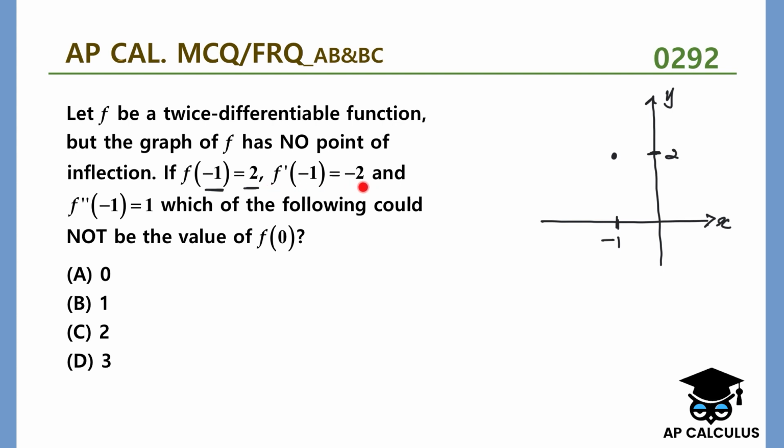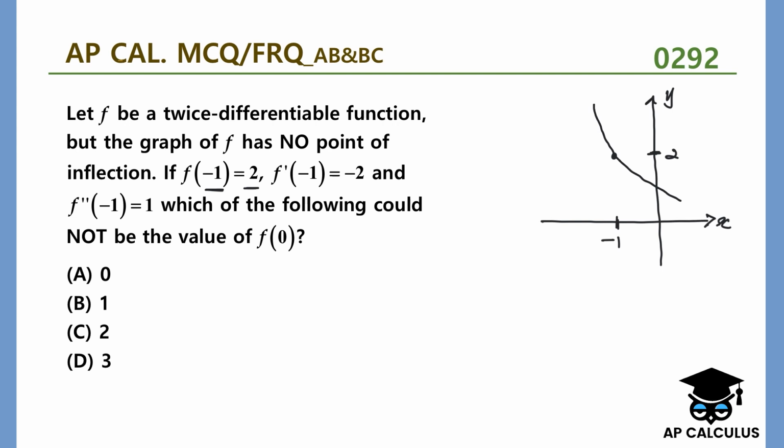That means the slope of the tangent line at this point is negative 2. The function has to decrease, right? And when x is negative 1, the second derivative is positive 1, which means the graph of f is concave up, right? Decreasing, concave up. So roughly it could be like that, right?